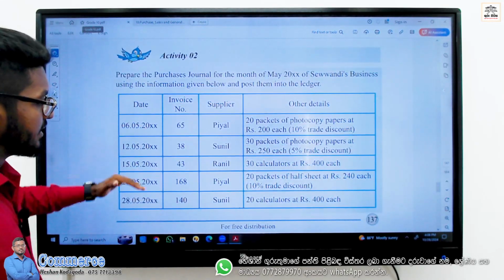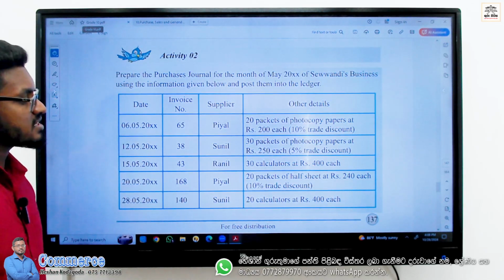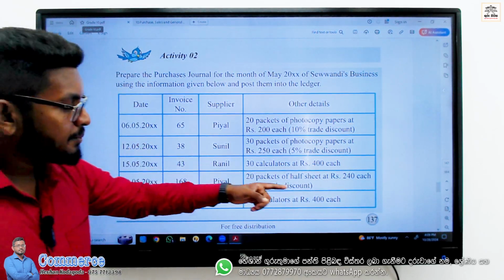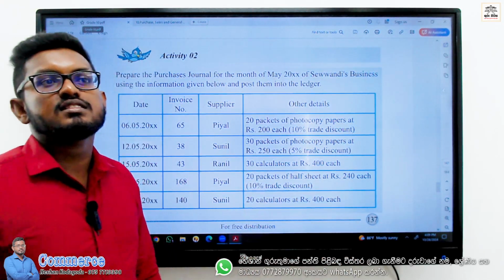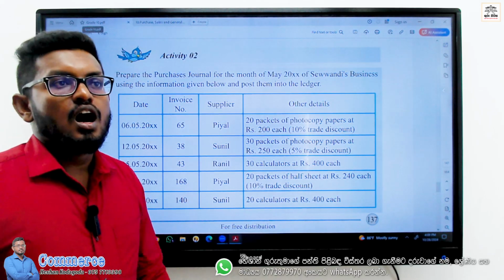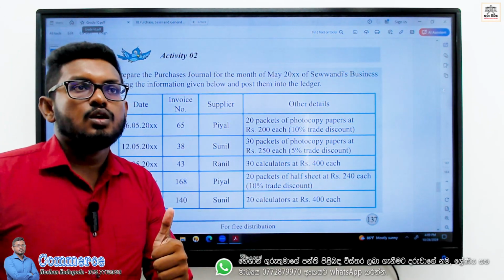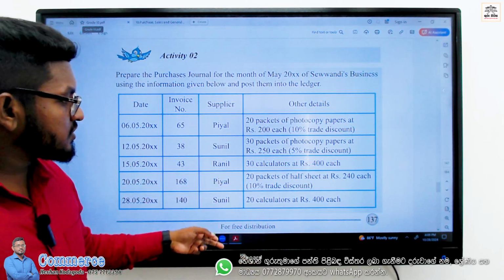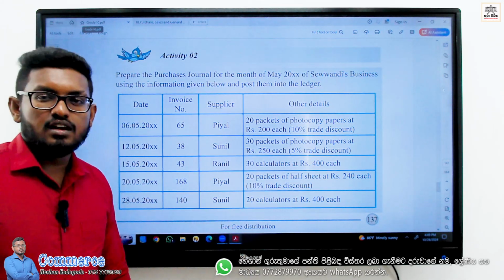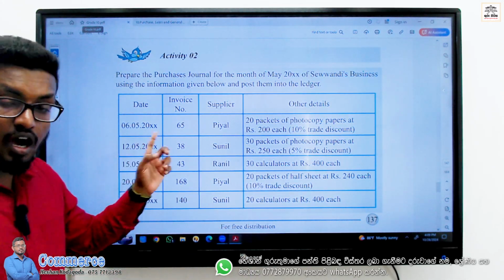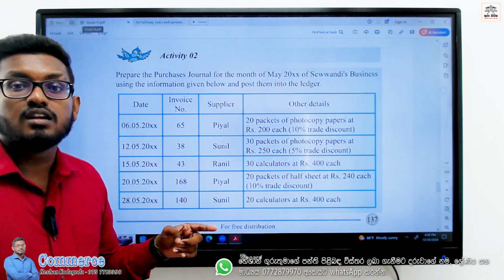There are five transactions in Activity number two, page numbers 136 and 137. Out of that, I finished only the first two. The rest of the three I asked you to do as homework. I will do these in the paper revision class.